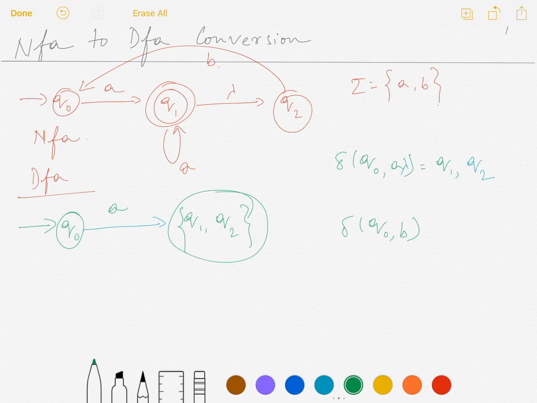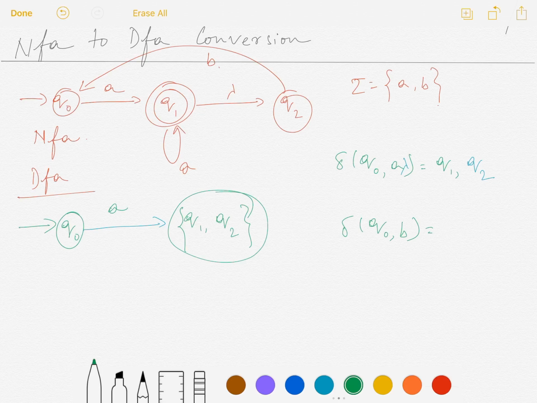Now, let us check what will happen if I give B to Q0, as B to Q0 is not mentioned in the NFA. Can we say that without giving B to Q0, the machine is reaching the final state? So B is not desirable for that machine. If I give B to Q0, it will go to a state from where we can never achieve the final state.